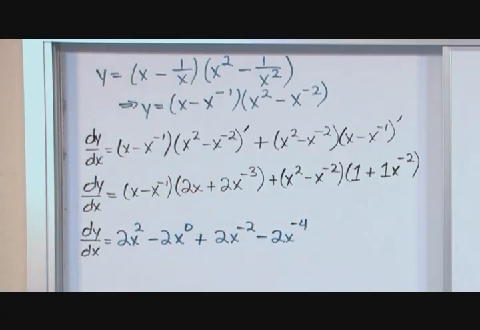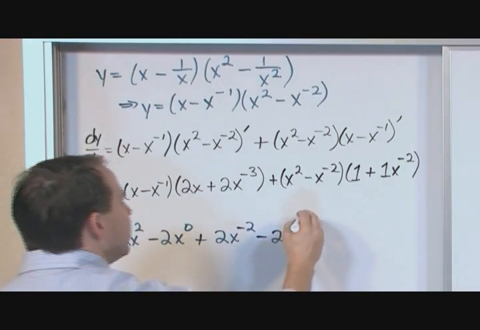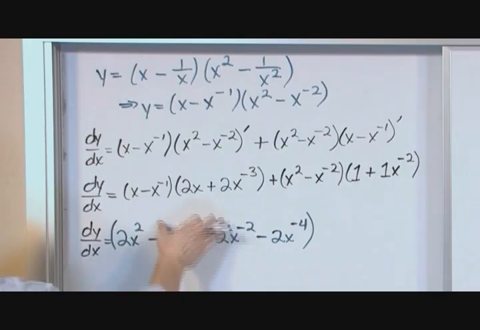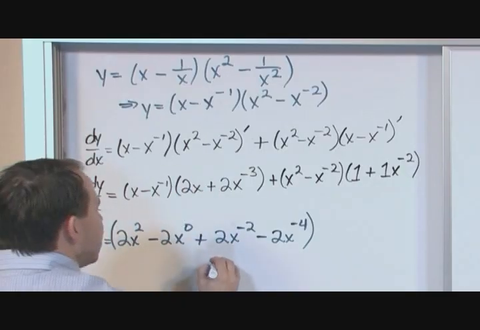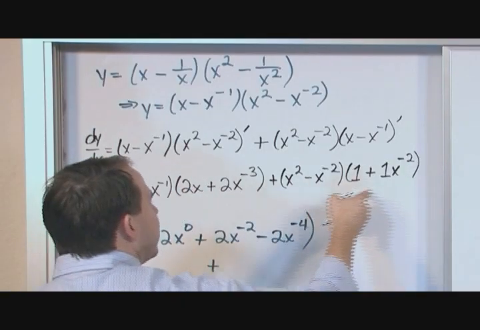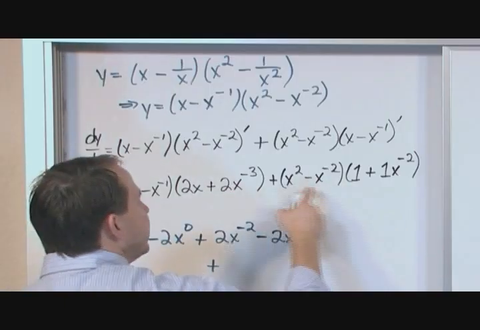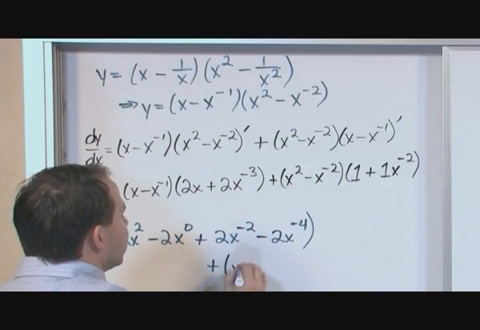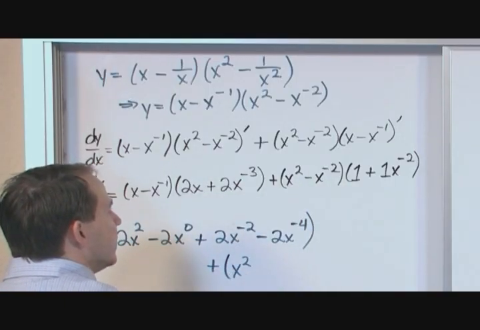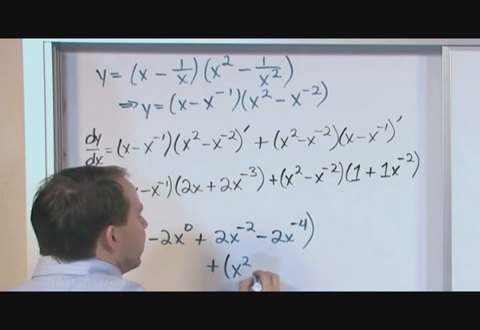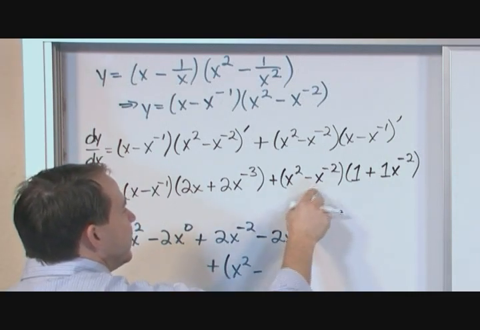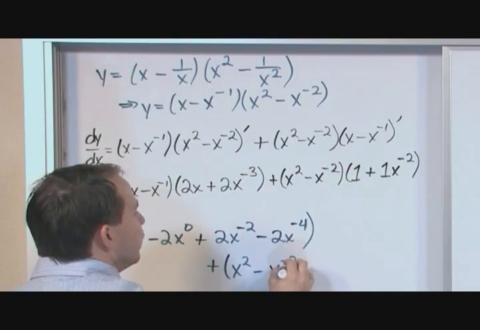So that's a pretty lengthy guy here. So I'm going to wrap this in parentheses mostly so I can associate it with this, okay? And then I'm going to add to it on the next line the FOIL that I get from this. So 1 times x squared is going to be x squared, okay? Inside terms is going to be negative. This 1 times this is going to give me x to the negative 2.